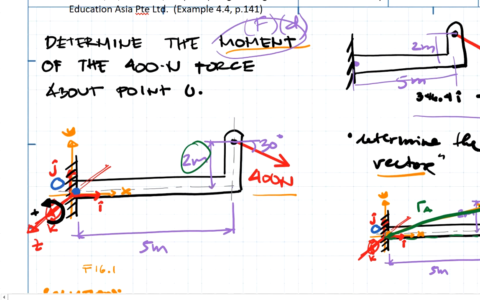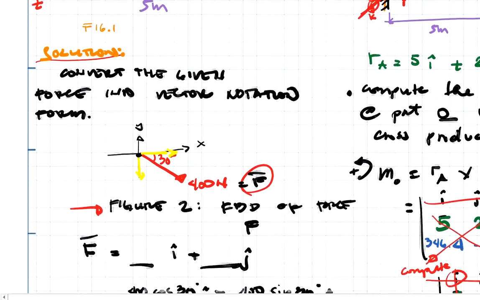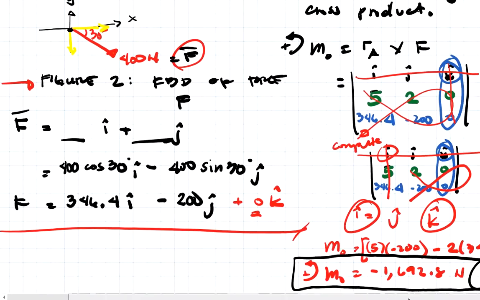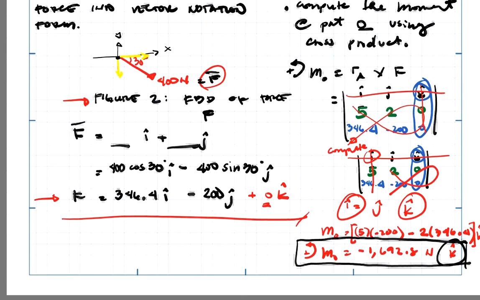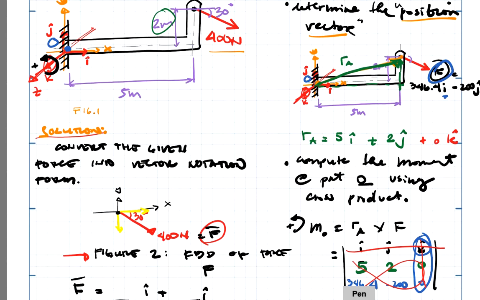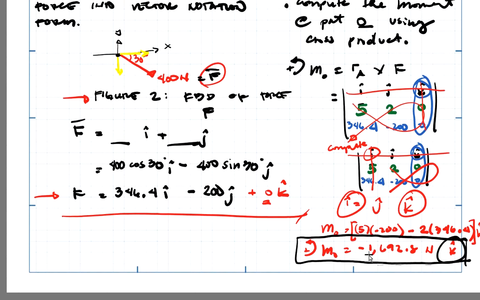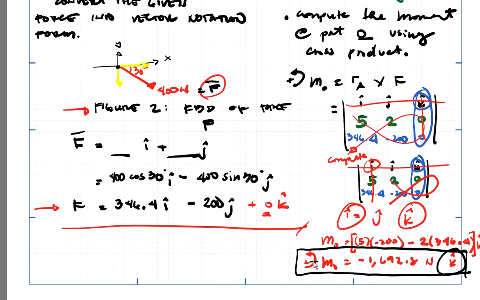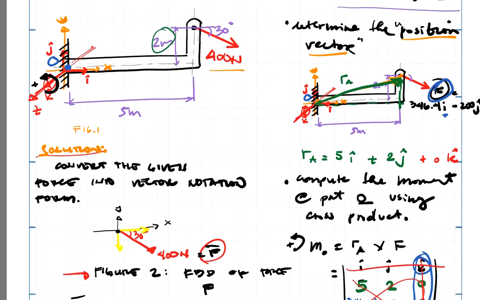So it is natural that in our computation we only have the moment in the K direction, about negative 1692.8 Newton-meters.